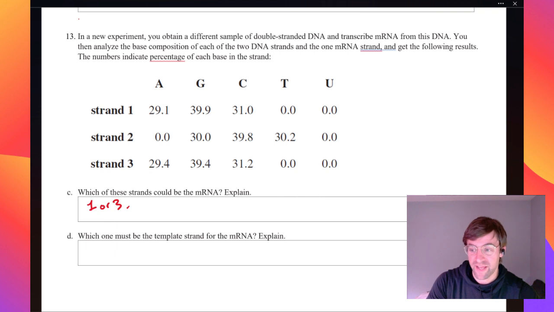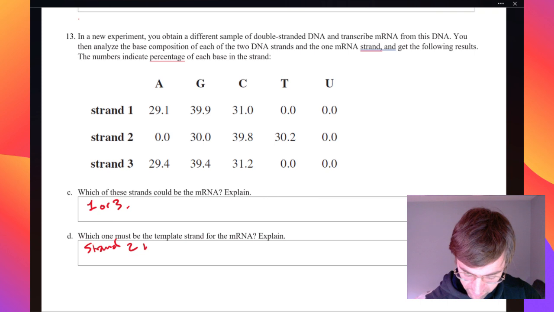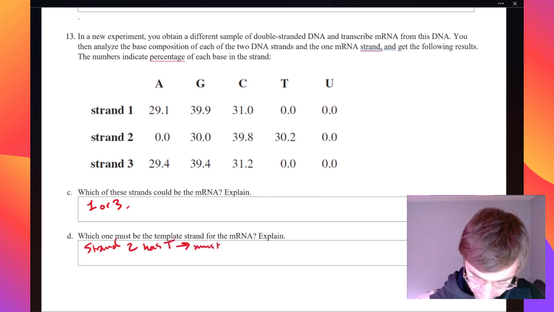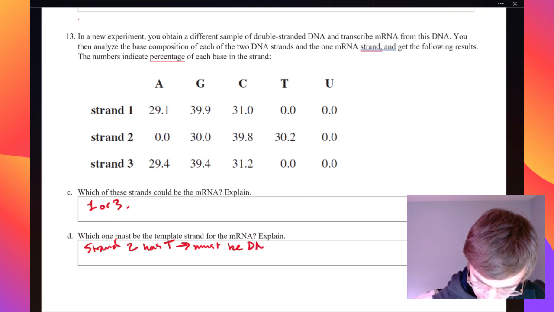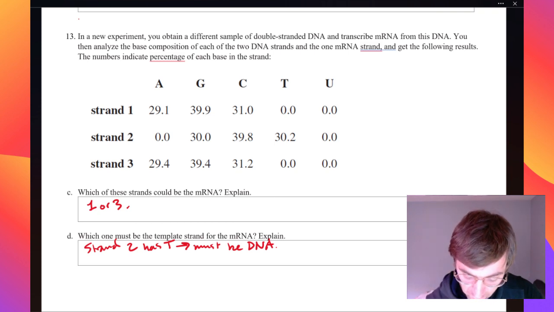Since strand 2 has thymine in it, it must be DNA. Let's start there. Strand 2 has thymine. Must be DNA. We can go from there and try to figure out which one is complementary to it.